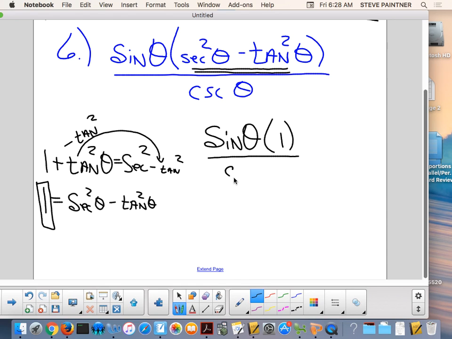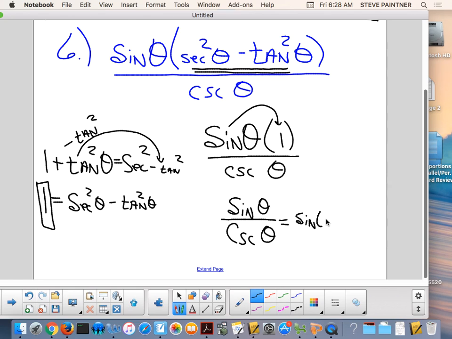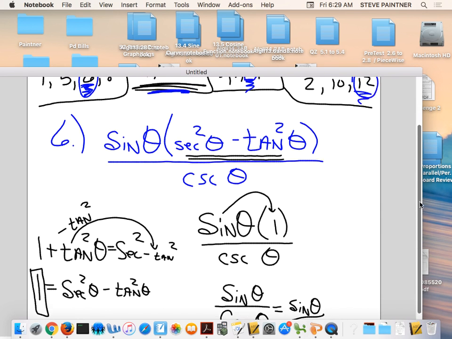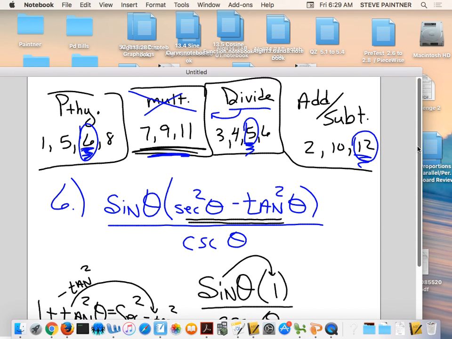So it's sine over cosecant of theta. And this has now become a pretty easy problem. It's sine of theta over what? Cosecant. Well, get rid of cosecant: sine of theta over 1 over sine of theta.